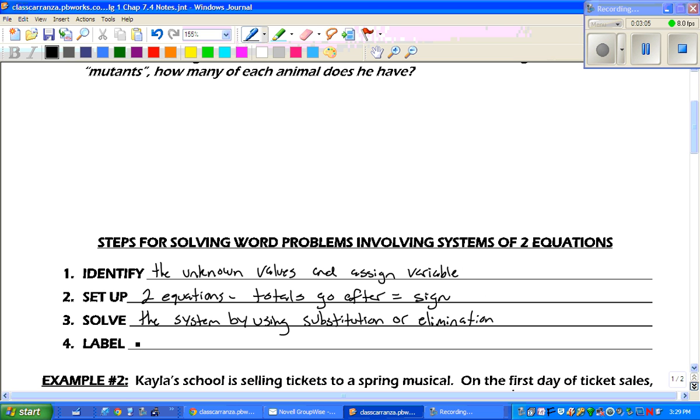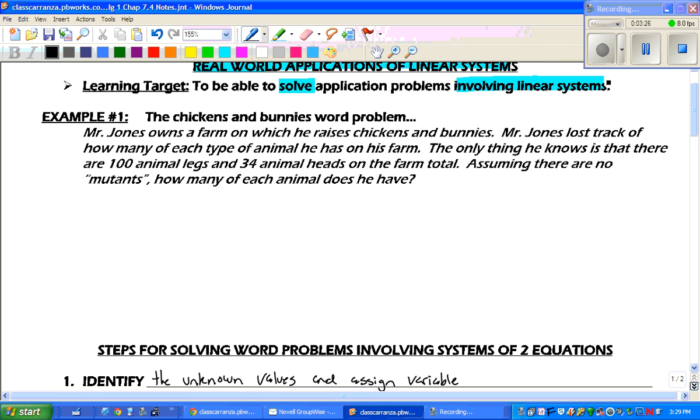And then finally, the most important after you do all that is to label your answer with correct units. You don't know how many times we see this, and at the very end you'll have the right answers, but you won't tell us what it is. So let's go back.